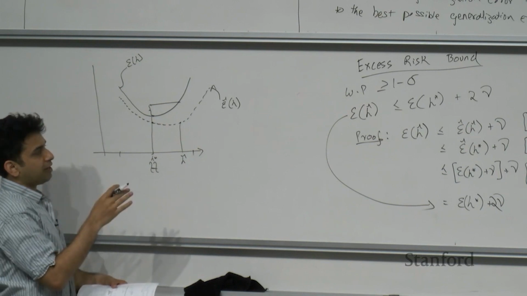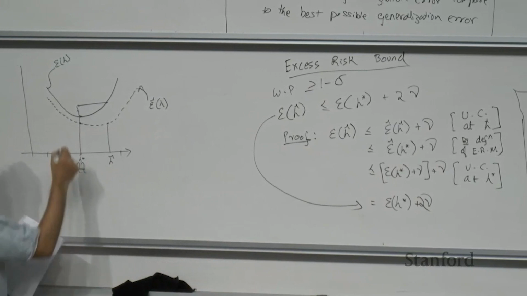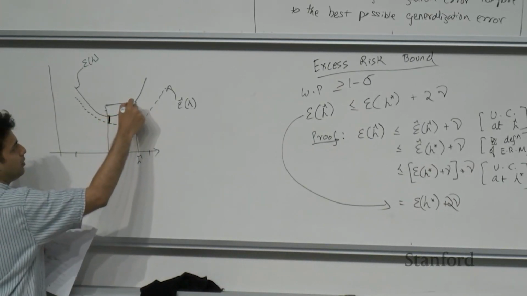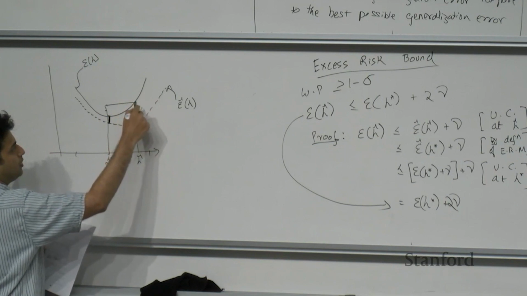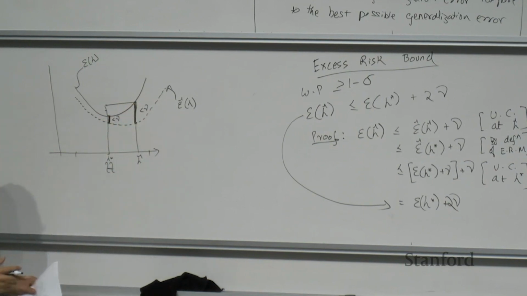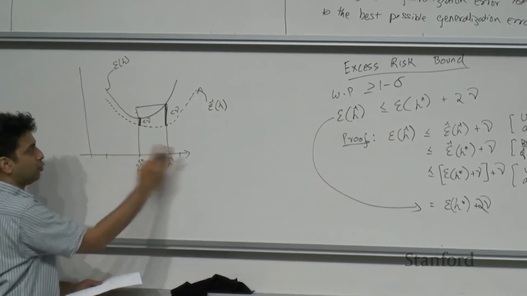But we are going to use the fact that we are doing empirical risk minimization. So we have one gap here, and this is less than gamma, this is less than gamma. Uniform convergence at 2 different points.